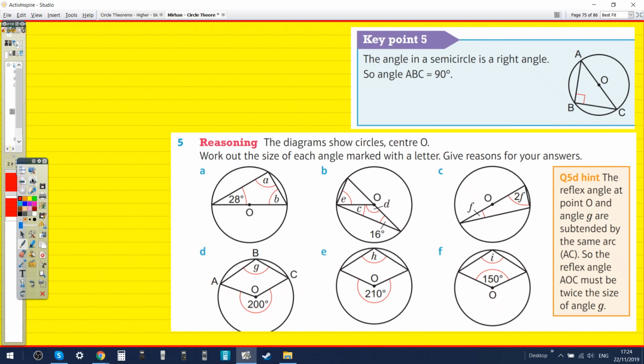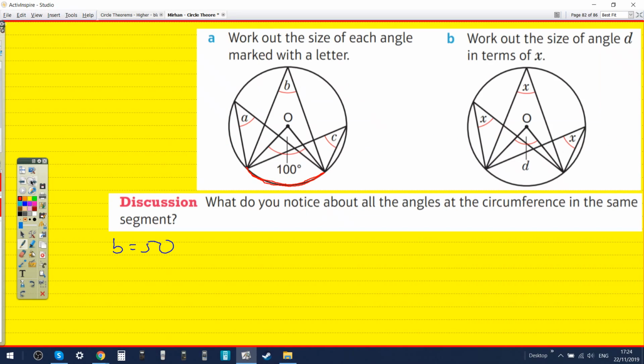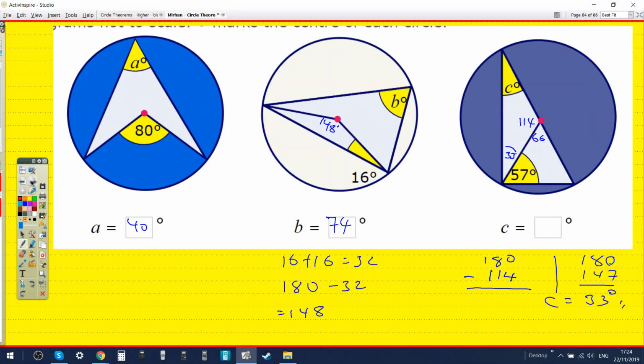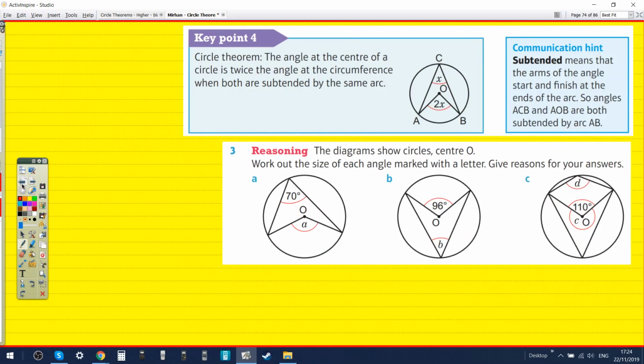It matches up with these ones. How did we get A is 40? Half of 80, I know, but we don't have that angle, do we?